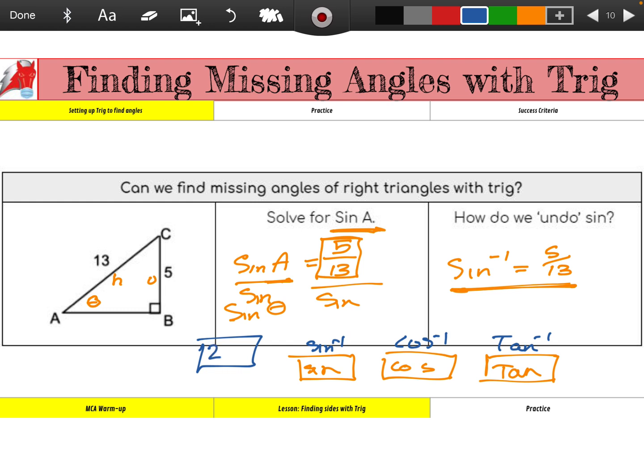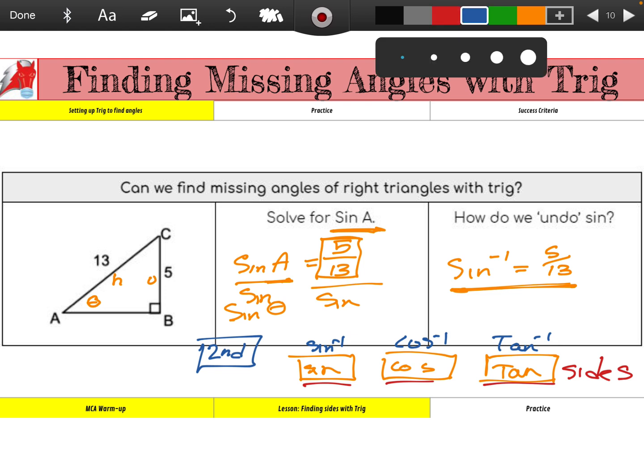If you're using one of mine, you're looking for that second button in the upper left-hand corner. The ones for sine, cosine, and tangent here are for finding sides, and the ones above are for when we're looking for angles.